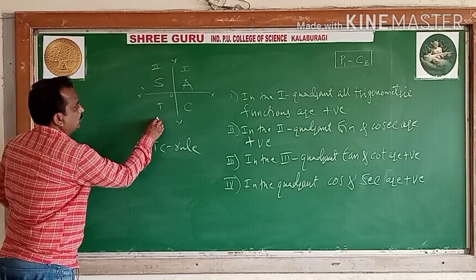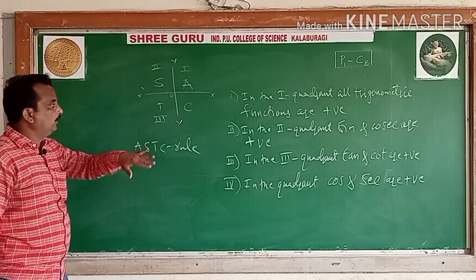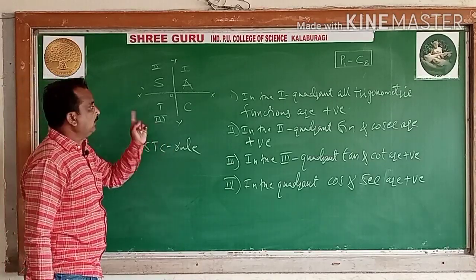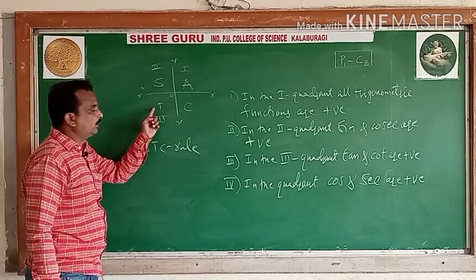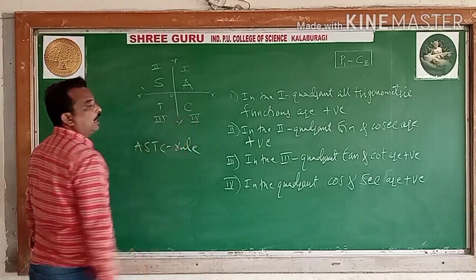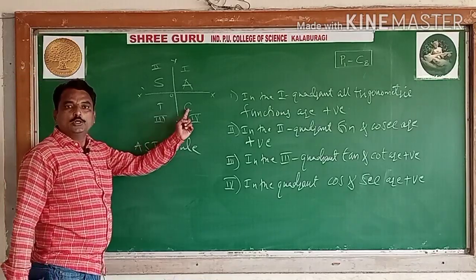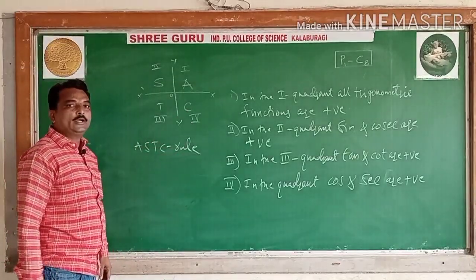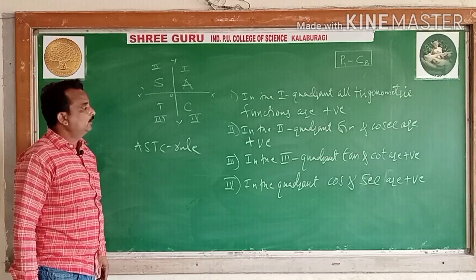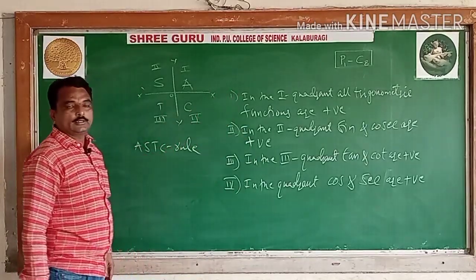And in the third quadrant, only tan theta and the reciprocal of tan theta, cot theta, are positive. Remaining all are negative. And in the fourth quadrant, cos and its reciprocal sec are positive, and the remaining trigonometric functions are negative.